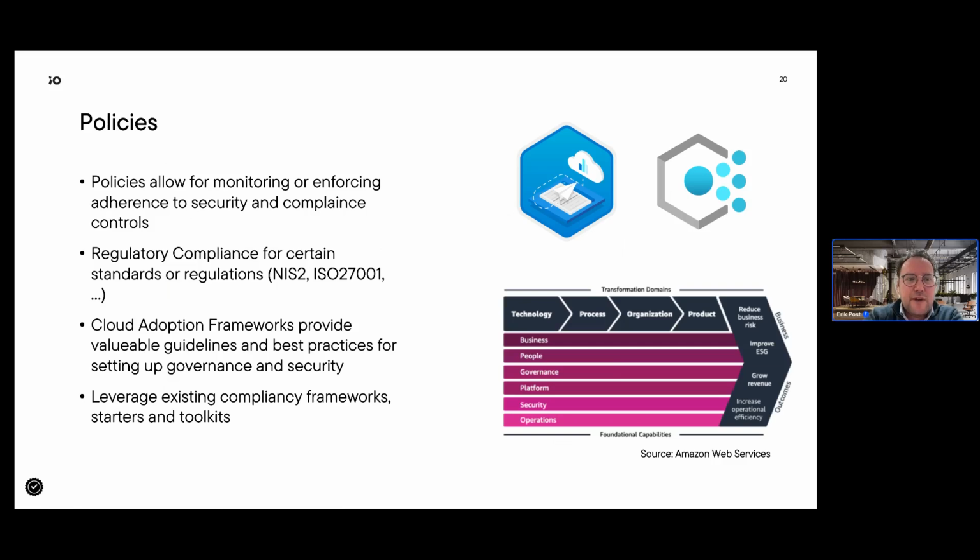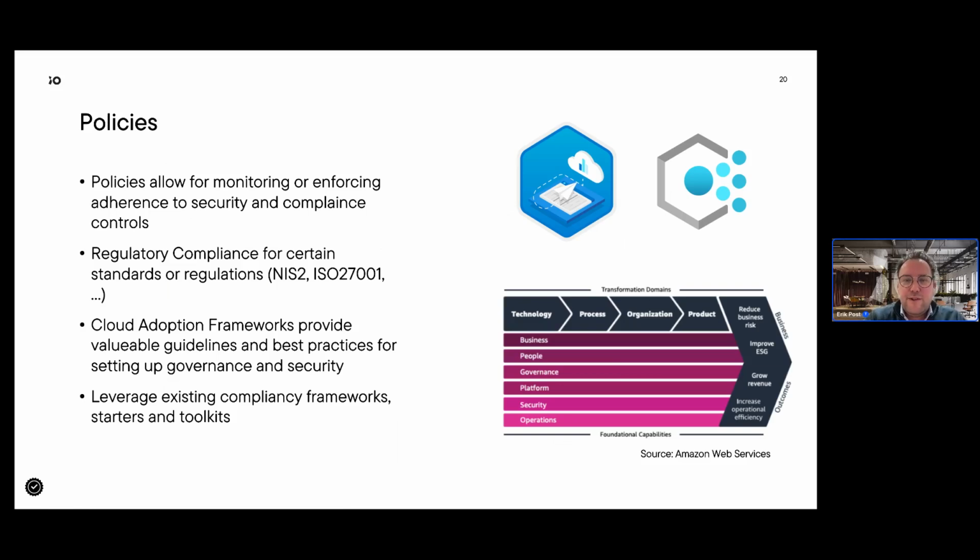And the great thing is that Microsoft, but also Amazon, they offer kind of starter kits or frameworks that already contain the controls for a lot of certifications or regulations. So, for example, for NIS2, there's already a base setup for the policies. They list all the controls in the documentation.